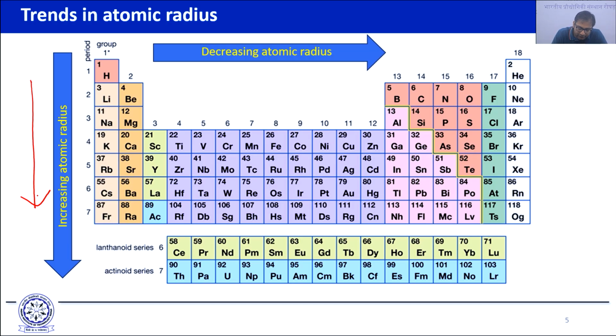Similarly, if you go towards the right, you will see the atomic radius is actually going to come down, and that is because as you move to the right of the periodic table, you are not adding any shells of electrons, but as you are adding electrons in the outermost shell, the interactions between the nucleus and the electrons become stronger and stronger, and as a result, that outermost shell starts to contract a little bit. And so you have decreasing atomic radius as you move to the right, and increasing atomic radius as you go from top to bottom.